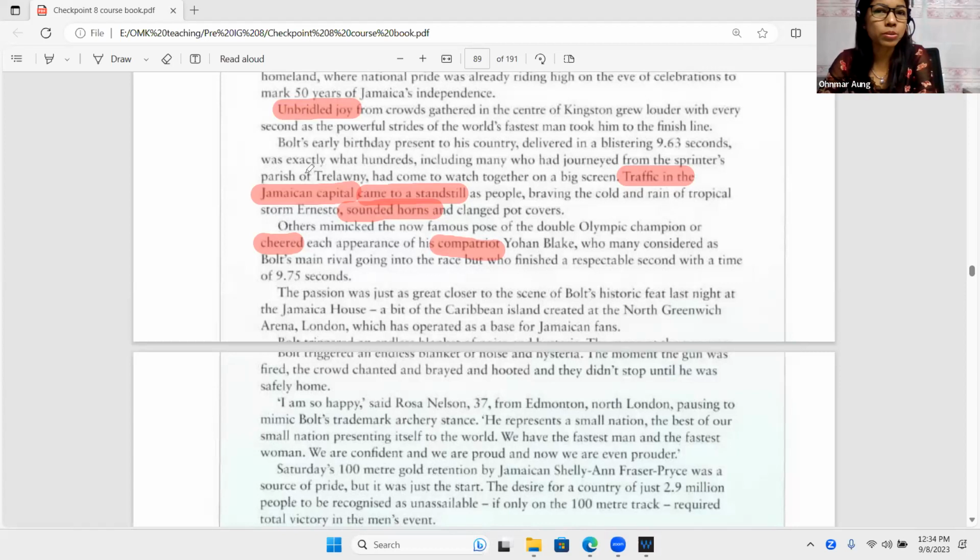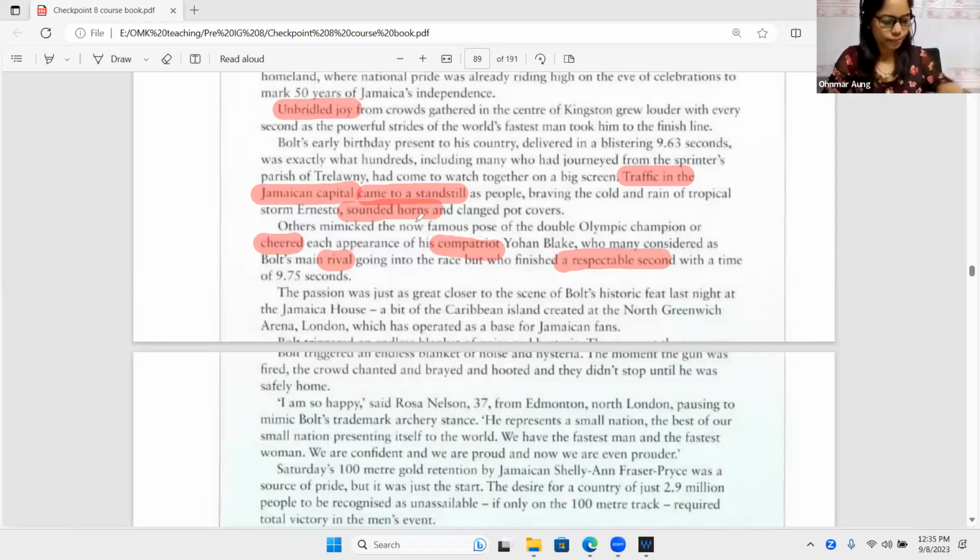So he also got a prize. His name is Yohan Blake. Like that, you must understand. Whom many consider as Bolt's main rival. Everybody, what is the meaning of "rival"? Yohan Blake is his rival. What is that? Opponent. Yes, you are right. Opponent. Going into the race, but who finished a respectable second, with a respectable time.